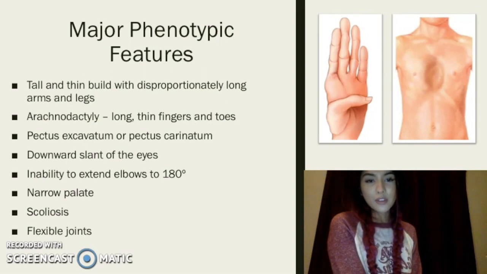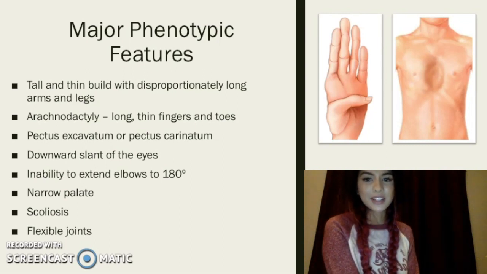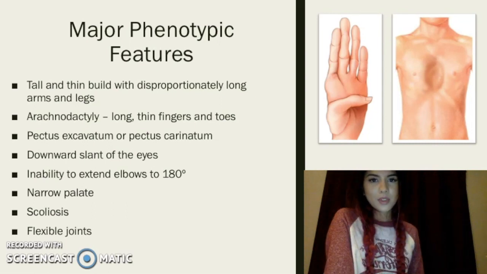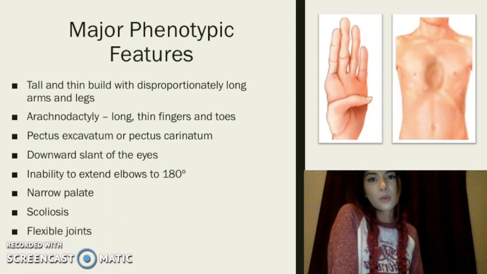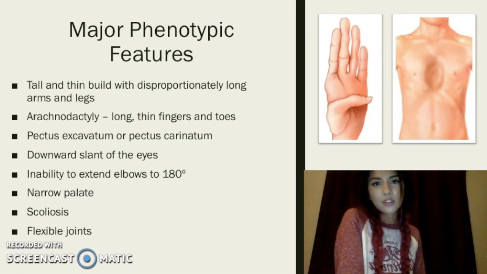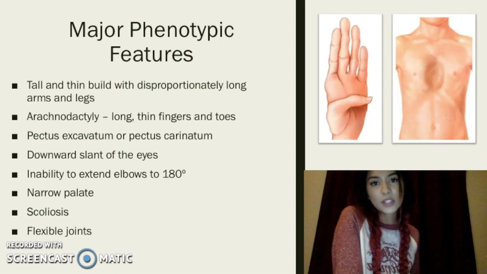Due to the overgrowth of the chest, it could lead to pectus excavatum, which is the dip or indentation of the chest, or pectus carinatum, which is where the chest protrudes out. Other features include a downward slant of the eyes, inability to extend elbows a full 180 degrees, a narrow palate which causes teeth overcrowding, scoliosis, which is the sideways curve of the spine, and flexible joints.